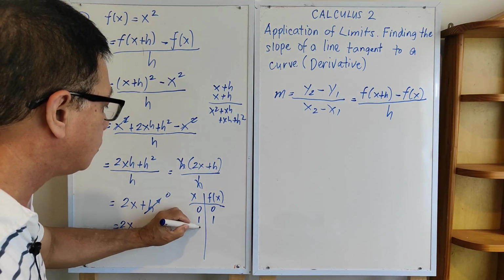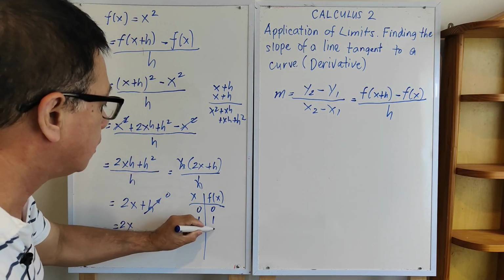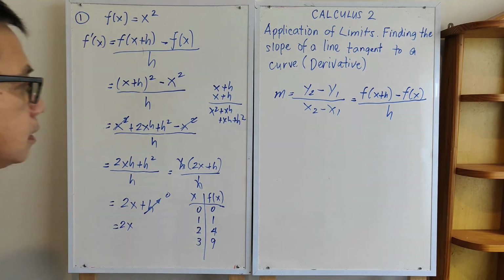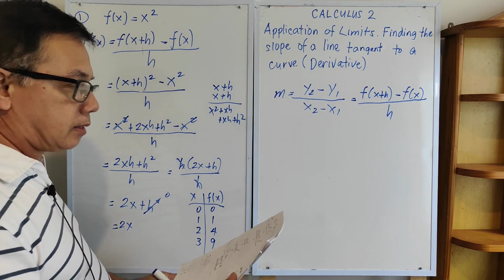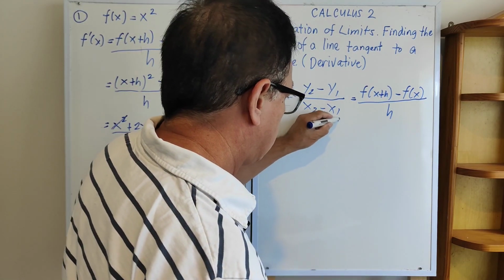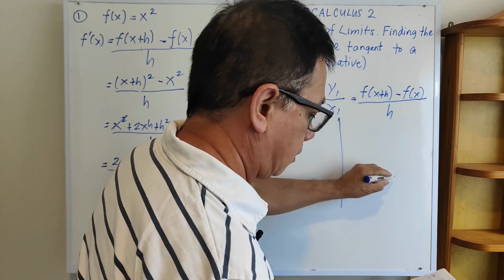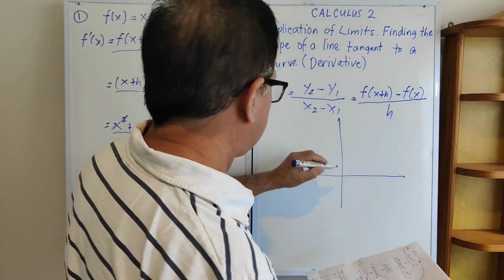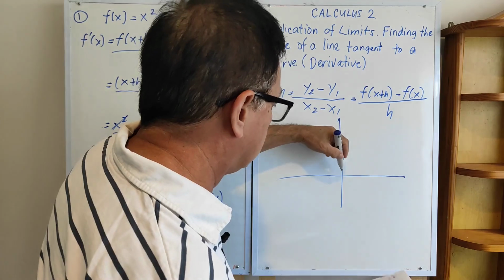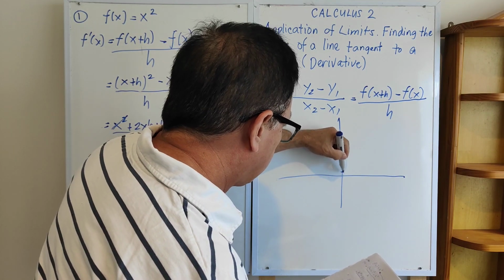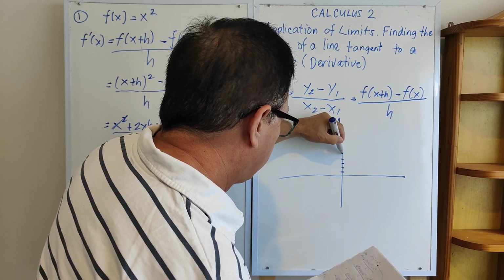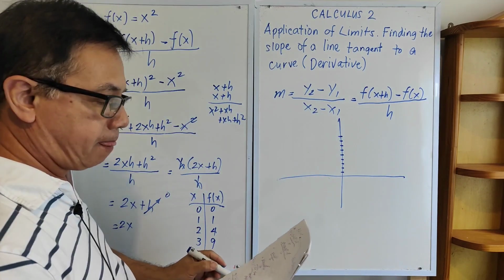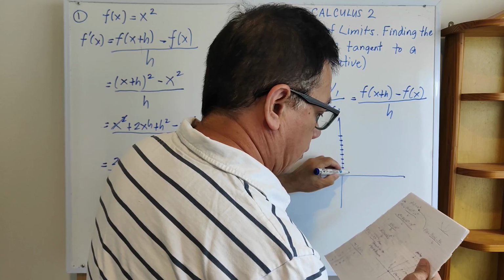If x is 2, you square it, it becomes 4. If x is 3, you square this one, it equals 9. So let me plot this. I'll shorten the y-axis, so make it fit 1, 2, 3, 4, 5, 6, 7, 8, 9.